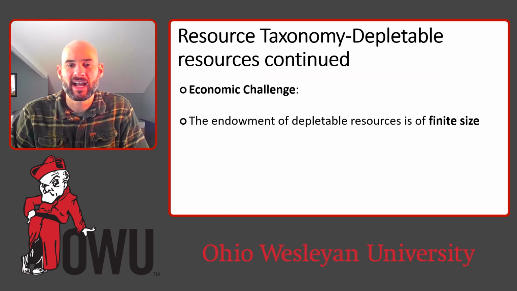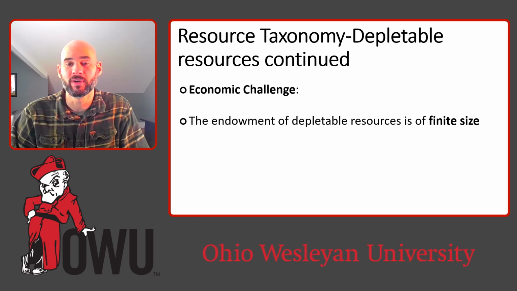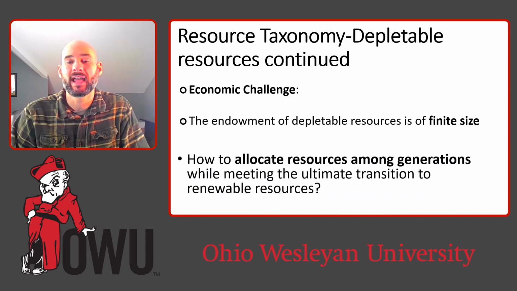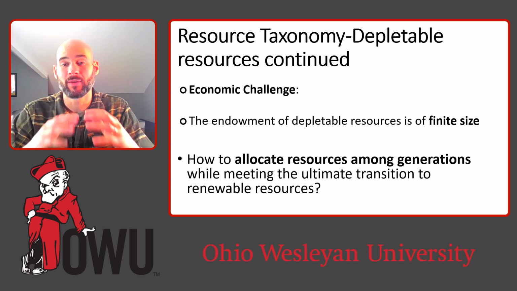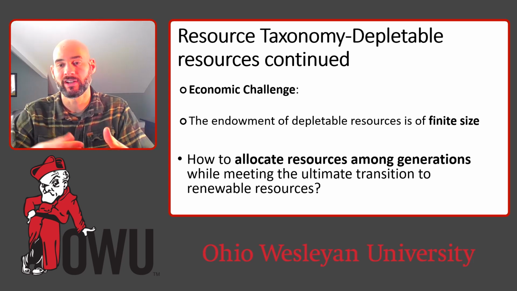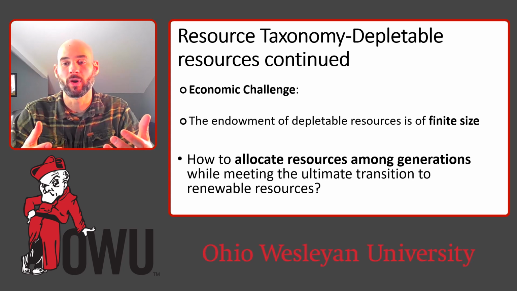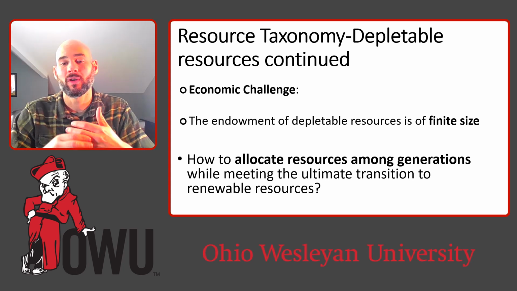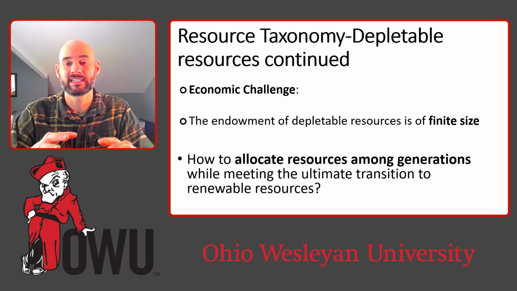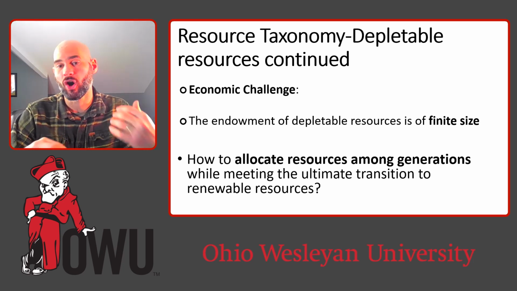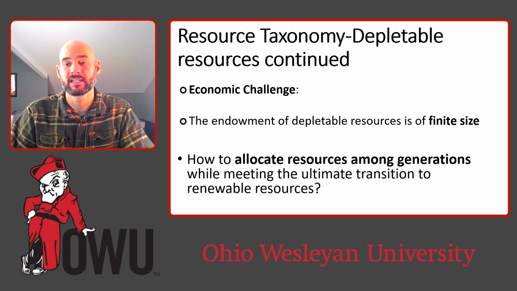So the economic challenge of managing our depletable resources is due to, once again, the finite size of the endowment of those resources, and thinking about how we're going to allocate that resource across generations, kind of like we did earlier in this lecture, but with significantly more than 2 time periods, while ultimately being able to transition at some point in time to a renewable resource at the lowest discounted cost across all generations.